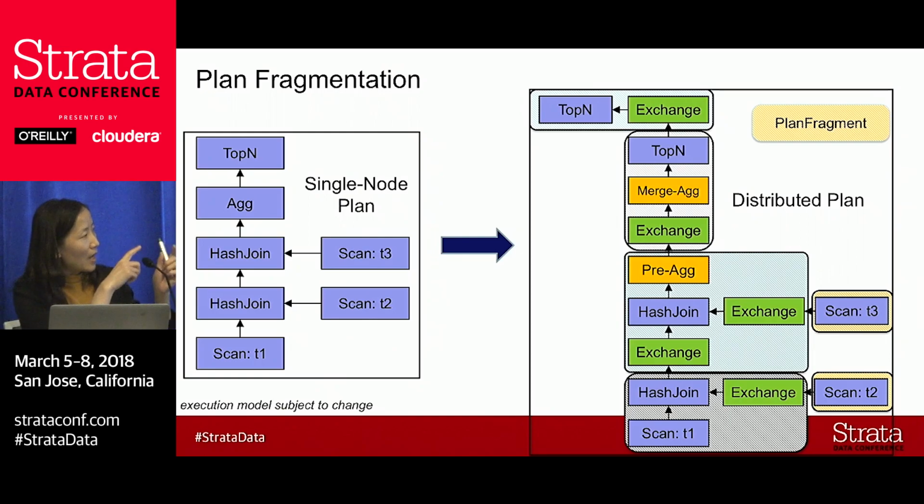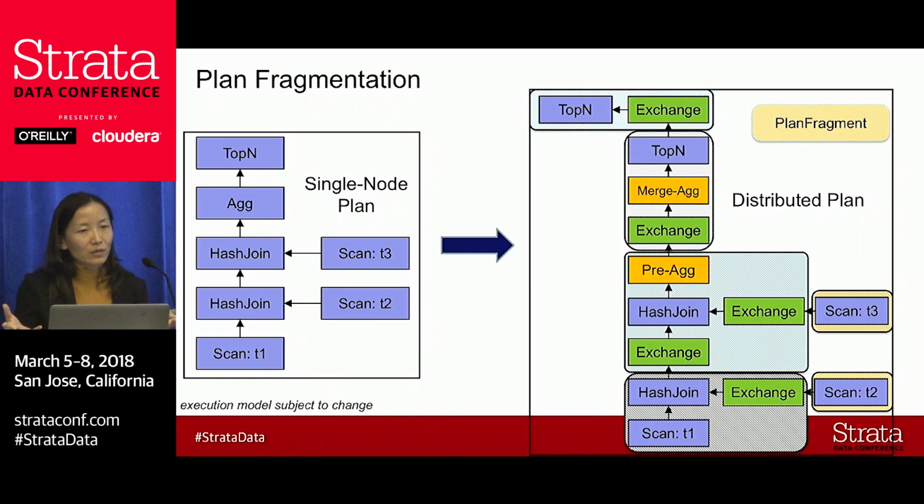So at the plan level, we call each group of work a fragment. When you do the execution, those fragments can be executed on multiple nodes. On each node, where you really execute a fragment, we call it a fragment instance. So we will see those in the query profile.